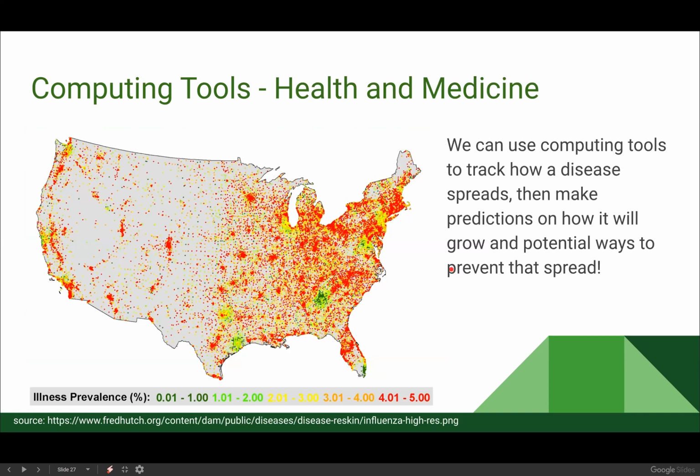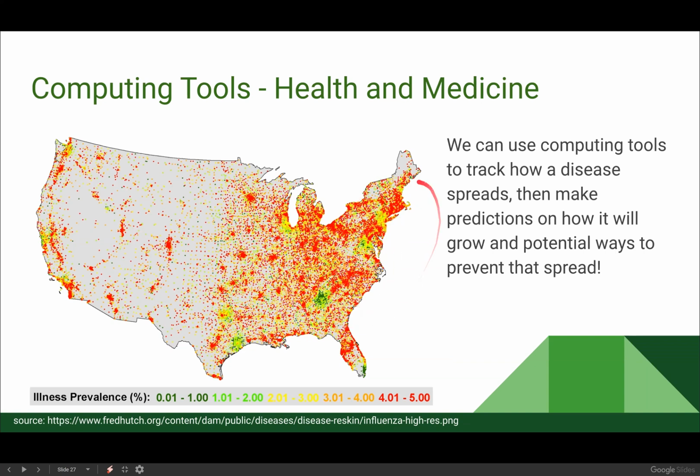We can use computing tools to track how diseases might spread and make predictions on how it's going to grow and maybe find ways to prevent the spread. We can see all these red dots representing the prevalence of people catching a specific illness. You can see they're probably centered around hubs of where people live. The larger cities are more likely to be hit.